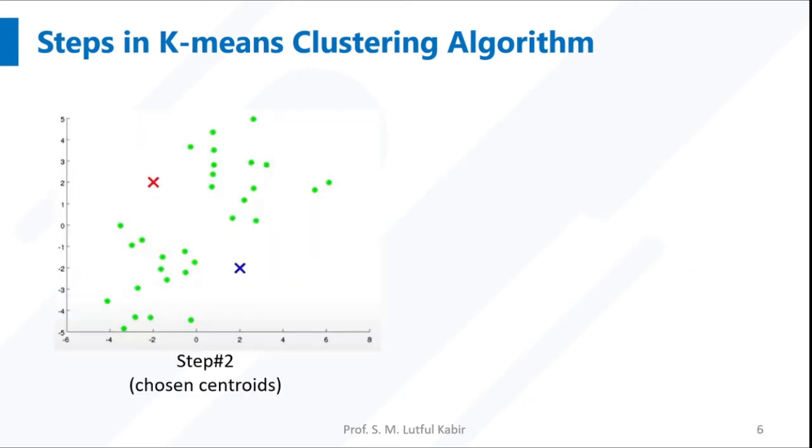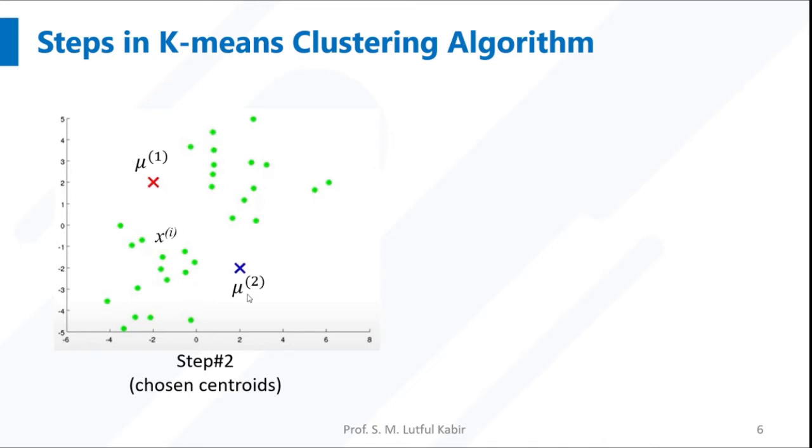The next step is step number 3. You can see in the previous step we have marked 3 points. One is xi, this green point we call xi. i can be any value from 1 to m. So let us say this is xi, this red point is mu1, and the other blue point is mu2.